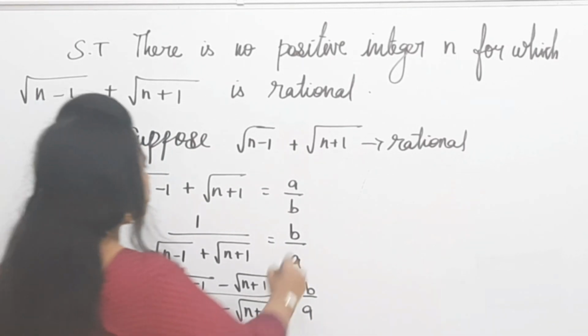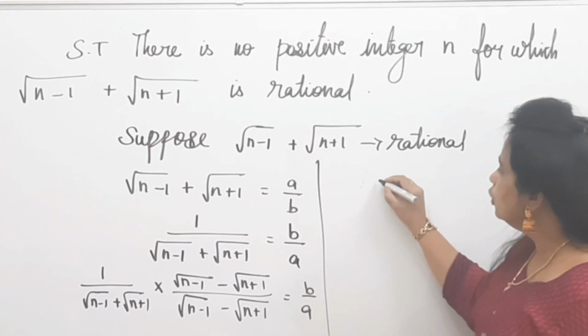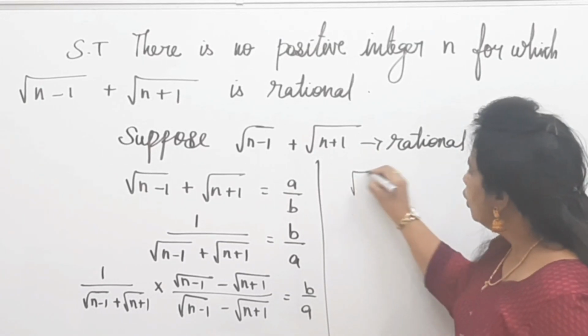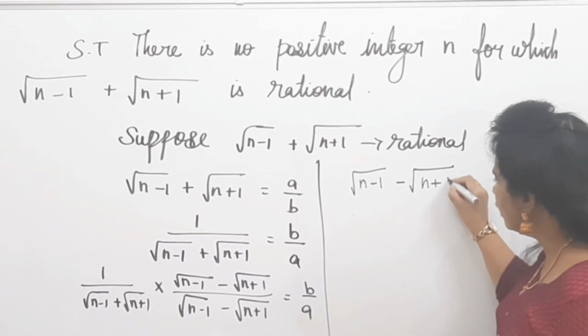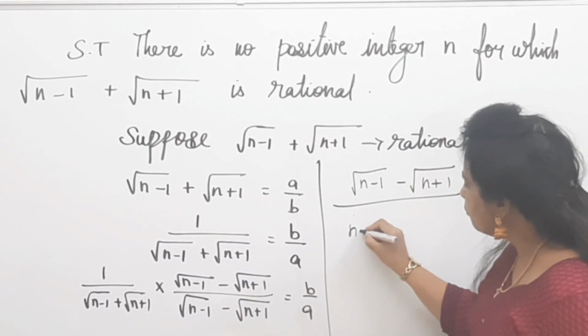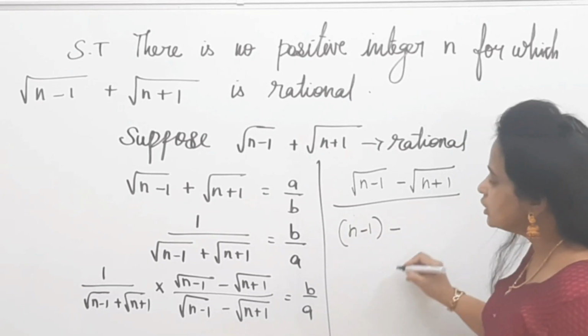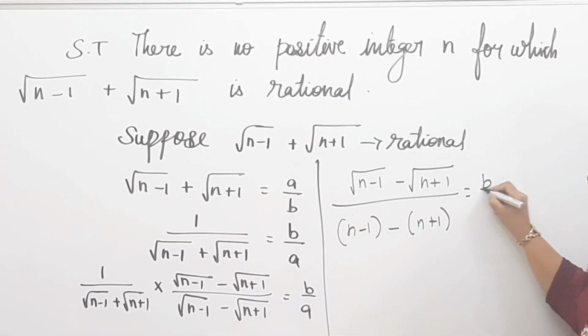Now the denominator becomes a square minus b square, that is a plus b into a minus b. So my numerator becomes root n minus 1 minus root n plus 1, divided by n minus 1 minus n plus 1, which is equal to b by a.